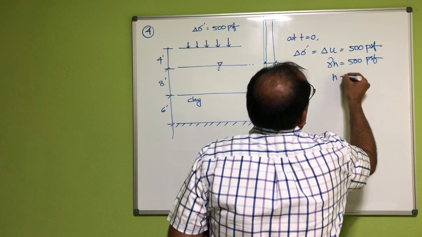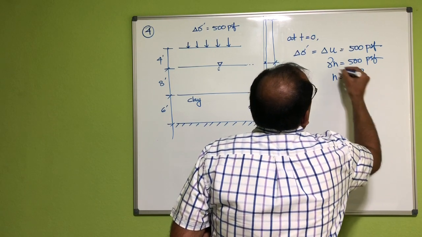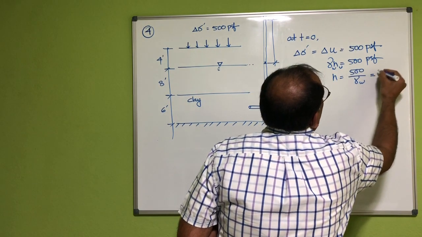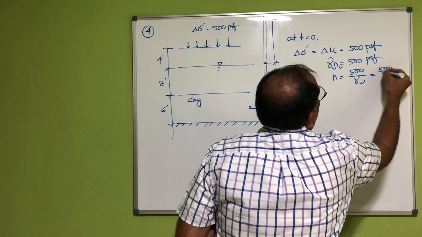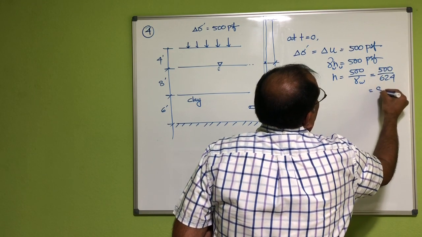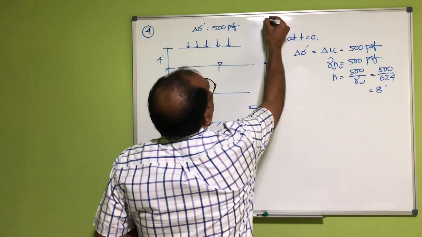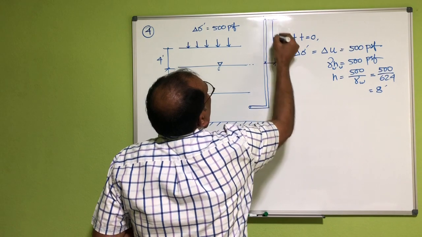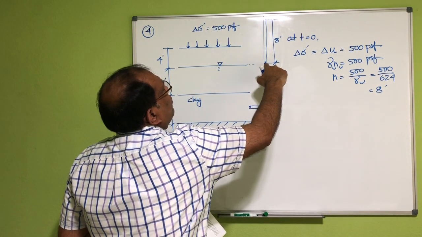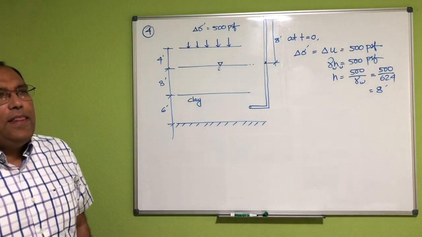Then your H would be 500 divided by gamma water, which is kind of 8 feet here. So what will happen, as soon as you apply the load here, you will see that the level of water has moved from here to here. Okay, and then what will happen?